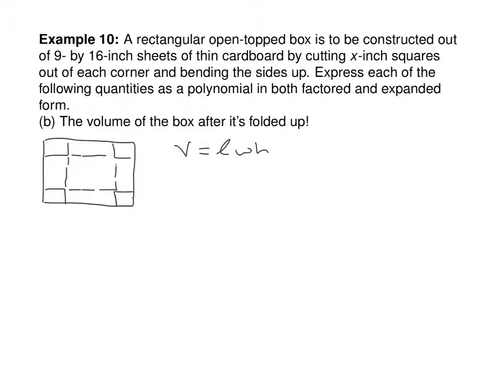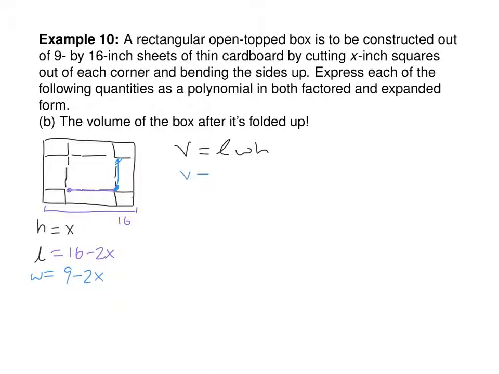Assuming we fold this box up, the height is going to be x, and the length is the length of this side, from this edge to that edge. And if that whole thing was 16, and you cut out 2 x's, the length is 16 minus 2x. And similarly, the width will be 9 minus 2x.